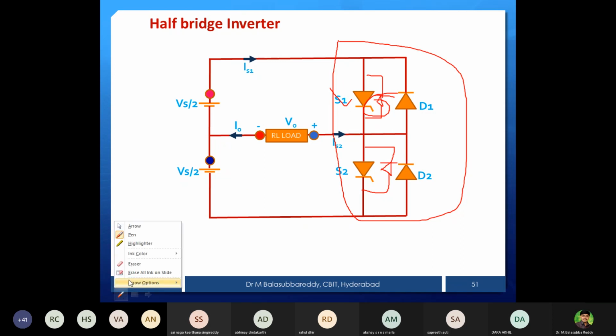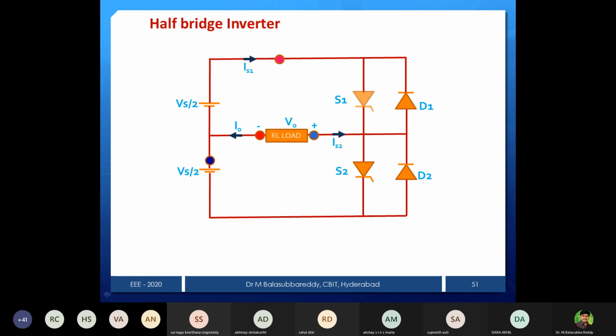Now we'll see the operation. Just see how that is going. First, for the supply, half of the supply we need to give in a half bridge inverter; a midpoint DC is required. Initially thyristor S1 or T1, whatever notation you follow, switch 1, switch 2 or thyristor T1 and T2, that way is also correct. Whenever the supply is connected to S1, S1 will conduct.